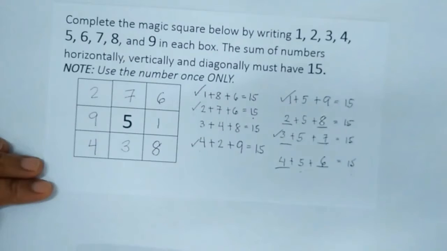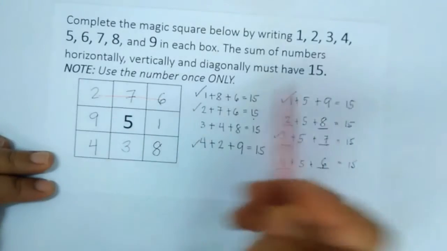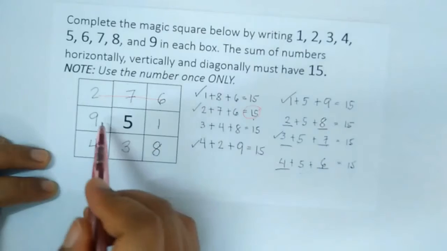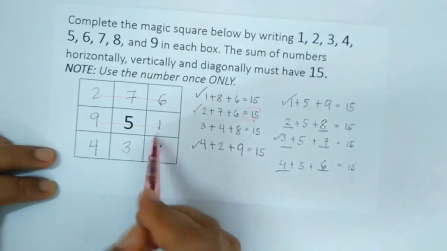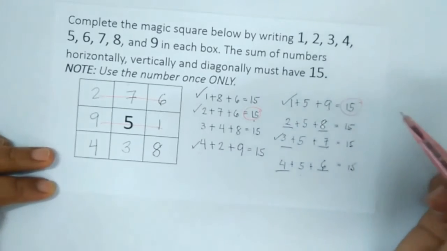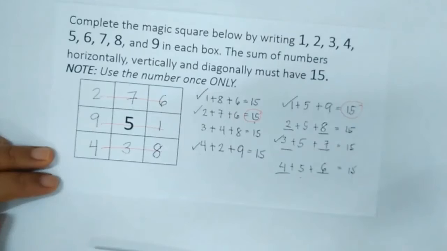If we add horizontally here, 2 plus 7 plus 6 is 15. Correct. How about 9 plus 5 plus 1? Correct. 4 plus 3 plus 8 is 15.